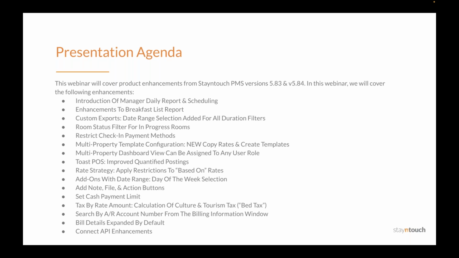We also now support add-ons with date range. We now support day of the week selection for add-ons with date range. We've added new note, file, and action buttons to the Stay card. You can now set up cash payment limit. And then for tax by rate amount, we allow the calculation of culture and tourism tax or bed tax.